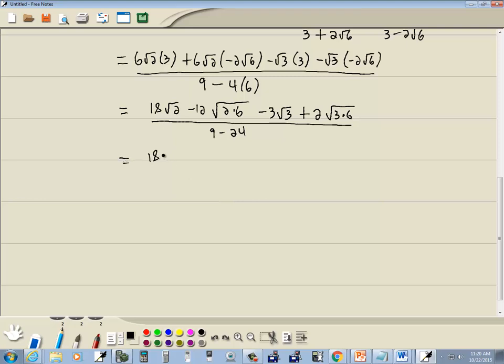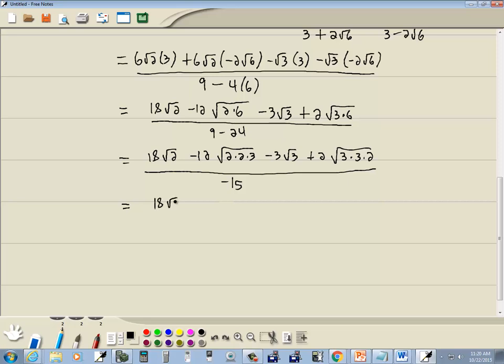So that gives us 18 square root of 2 minus 12, 2 times 6, that's 2 times 2 times 3. Minus 3 square root of 3. Plus 2, and then 3 times 6, 6 is 3 times 2. All over negative 15.